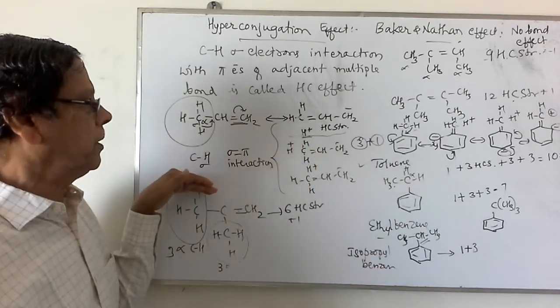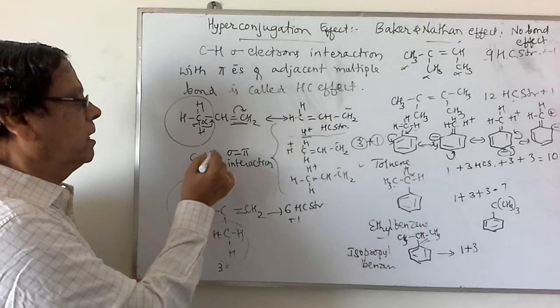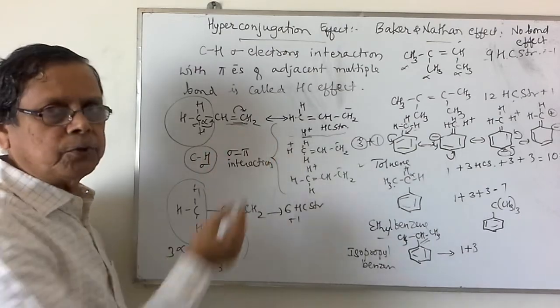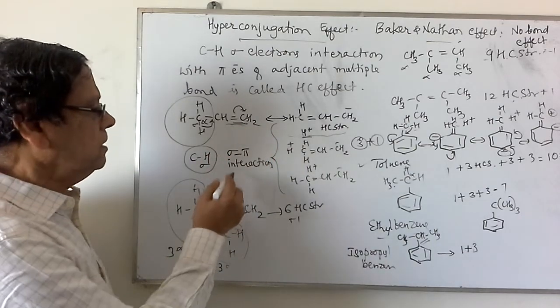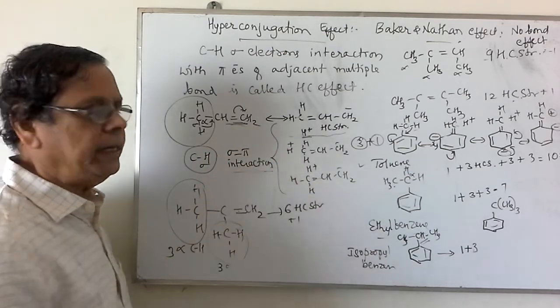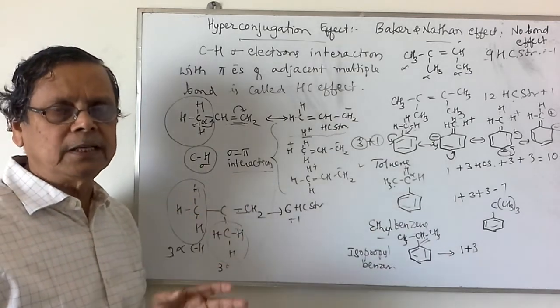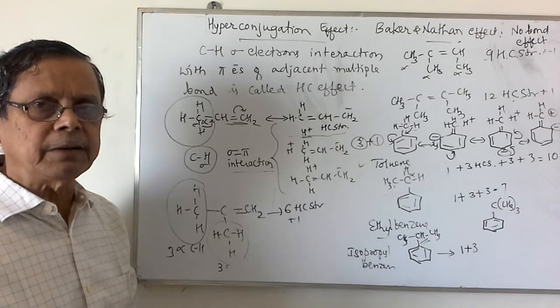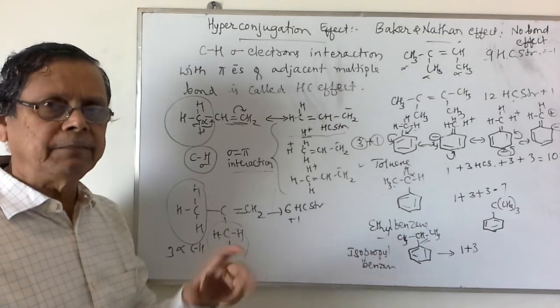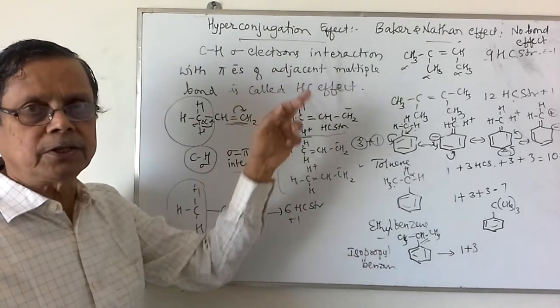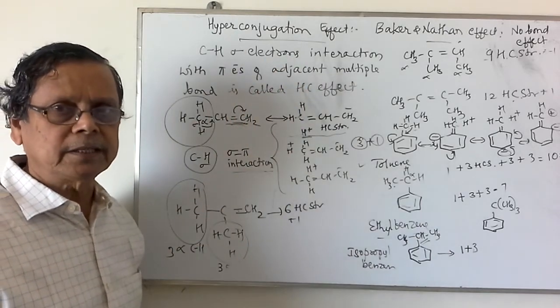But in case of this hyperconjugation, since sigma carbon hydrogen electrons interact with the pi bonds on the adjacent position, this is also named as the sigma pi interaction. It is a permanent effect. Among the various effects, only electromeric effect is temporary effect. The remaining three, inductive, resonance as well as hyperconjugation, they are permanent effects.